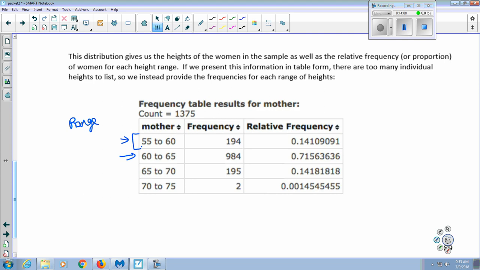So we can see there's 194 women that were 55 to 60 out of the 1,375. And so that first row, the frequency 194, would be 194 over 1375.